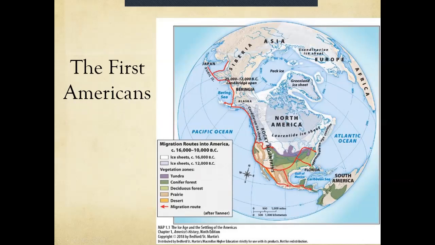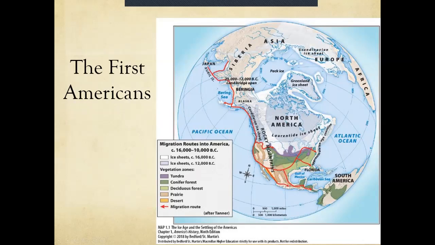So there's really three different waves where we see migration into North America from this area of Siberia. One is through the land bridge. Another, you're going to see boats following this ice sheet that bring people along this coastline. And then you're also going to have people migrating across, the Aleut and the Inuit peoples, who are going to settle here in what we know as Alaska.